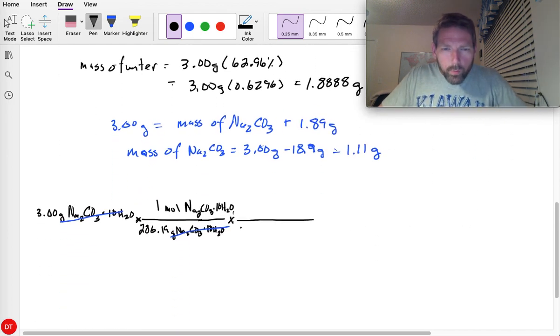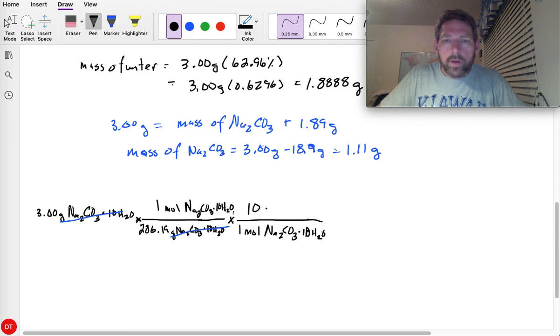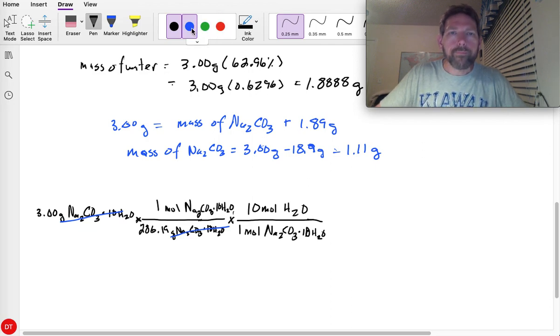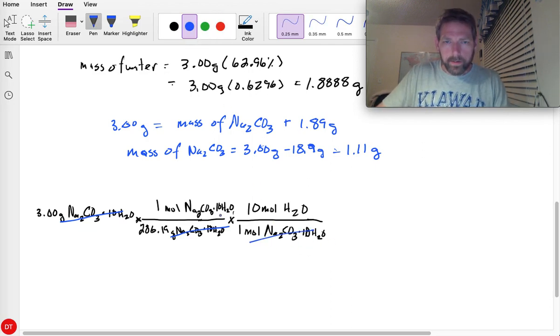So we see that there's 1 mole of sodium carbonate decahydrate for every 10 moles of water. All right, let's get rid of those units.